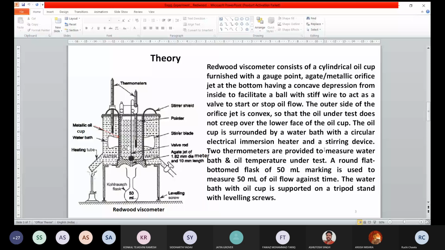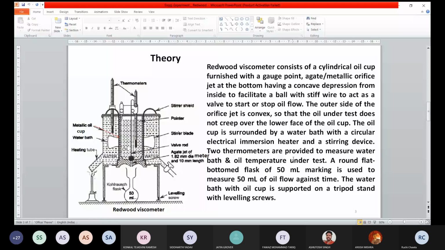And there is a stirring device as well. The paddles of the stirring device can be seen here, the stirring blades, in the diagram. Two thermometers are provided to measure the water bath and oil temperature under test. A round flat bottom flask of 50 ml marking is used to measure 50 ml of oil flow against time.